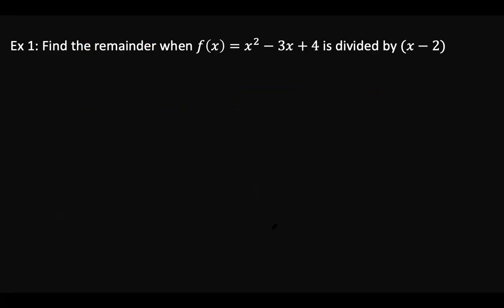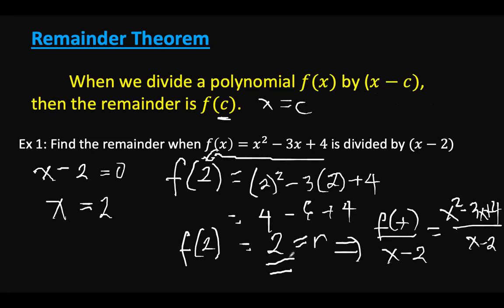This one is the same example. I should have written my solution here. But since we have already identified the remainder, then we could have another method to show that the remainder is really 2. Tingnan natin kung ang remainder ba talaga niya ay 2.